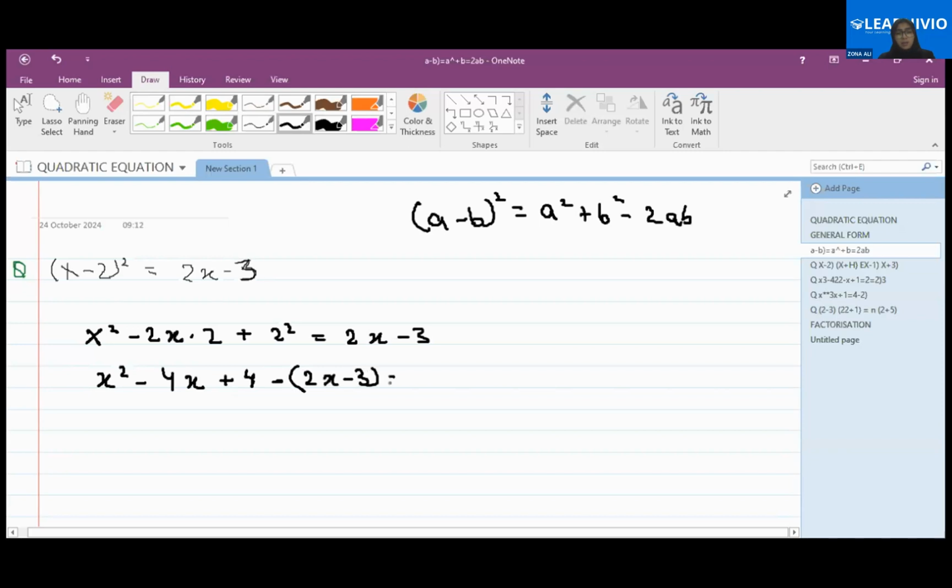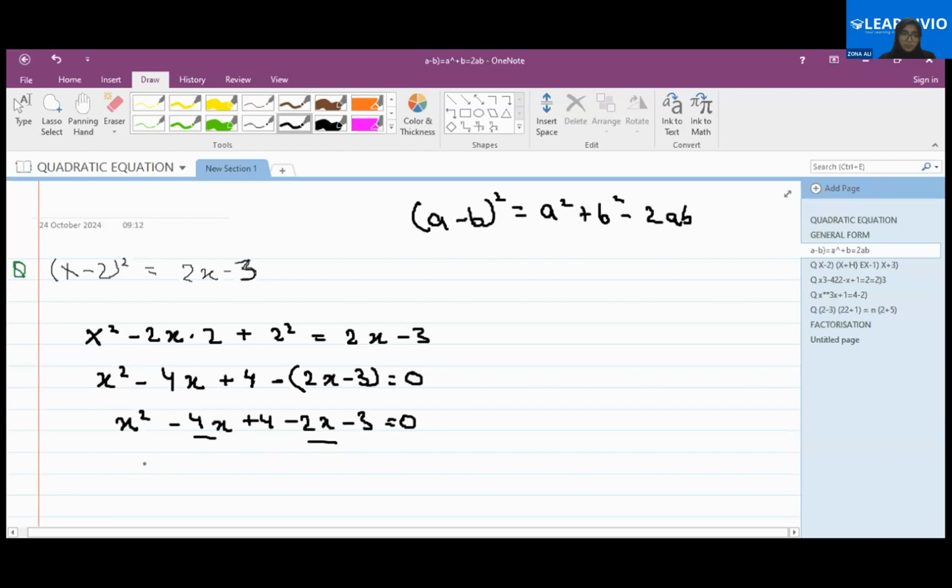Okay, are you catching me? Yes. Getting me? Okay. Now this will give you x square minus 4x plus 4 minus 2x minus 3 is equal to 0. Now if we just solve this, minus 4 and minus 2 will give you what?